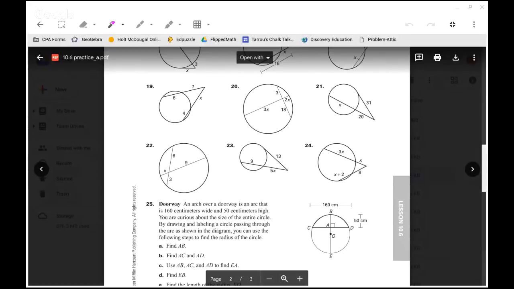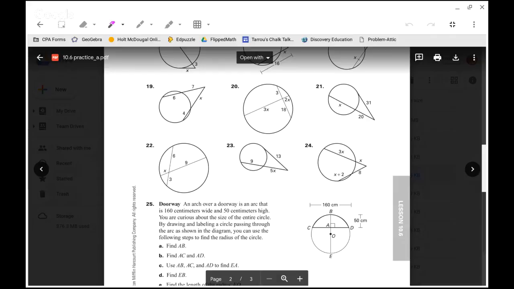Okay, so for 22, we have two chords that intersect inside the circle. Okay, remember a chord starts and ends on the circle. It doesn't go all the way through.